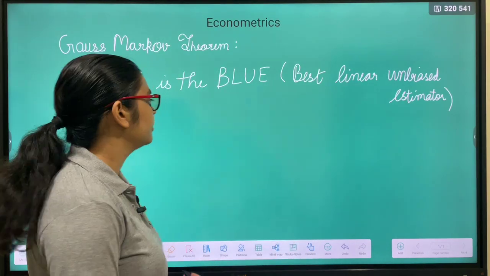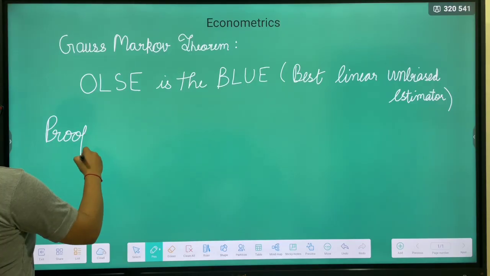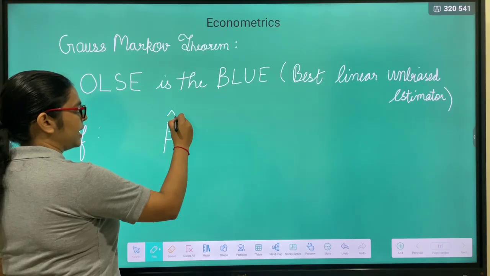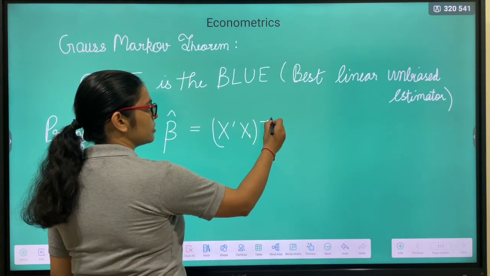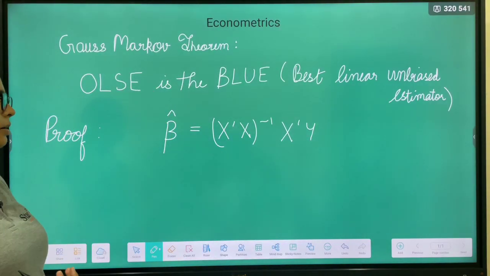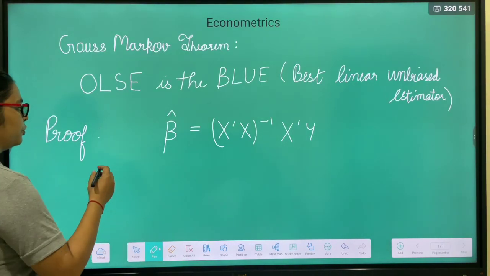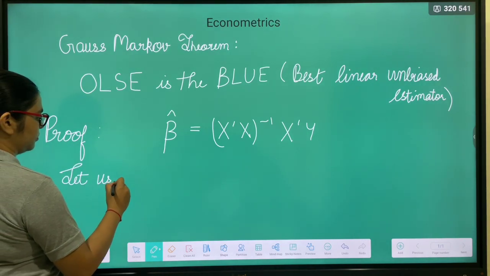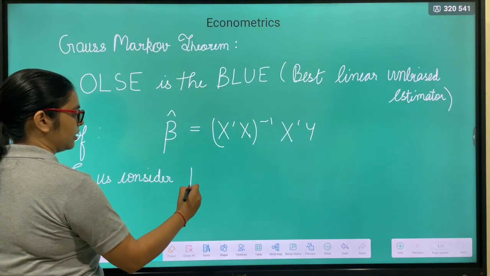Now to prove this, firstly we know that beta cap, as we have calculated in MLR, is (X'X)^-1 X'y. This is our beta cap estimator. Now to prove that it is the best, we have to take another estimator. So let us consider beta curl.